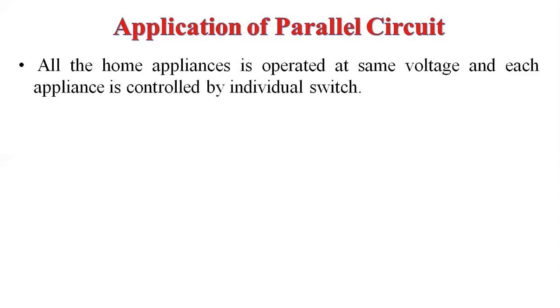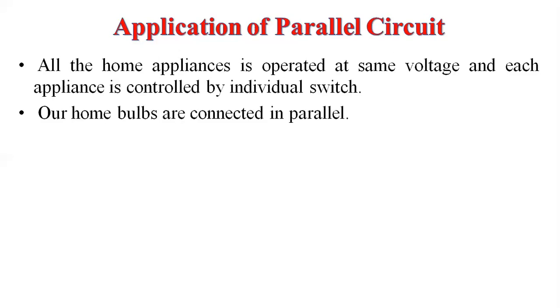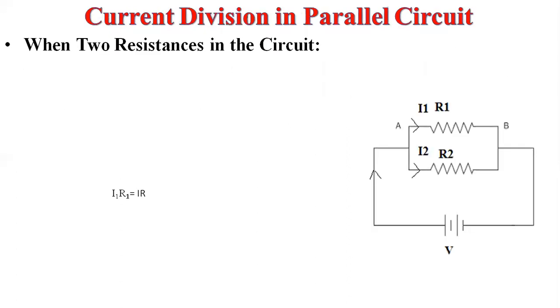If we want to turn on one fan, we have one particular button to start that fan. If we want to turn on the bulb, we have a particular switch for the bulb. So this is the application of parallel circuit. Our home bulbs are always connected in parallel.